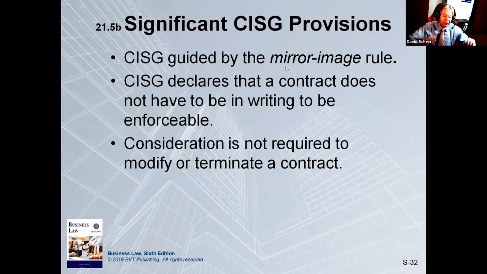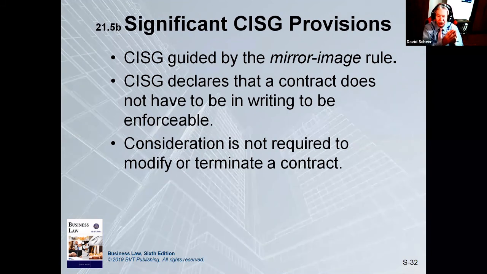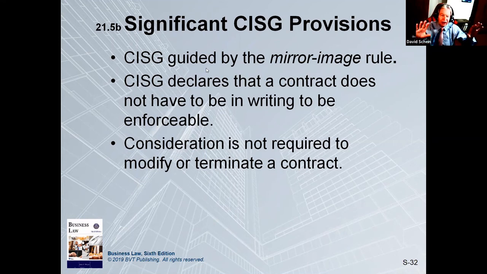Now, the significance of this is a good rule of thumb: if you're doing international transactions under the CISG, it frequently is more similar to common law than the code. Nothing is more vivid in that distinction than this first bullet. The CISG is guided by the mirror image rule.